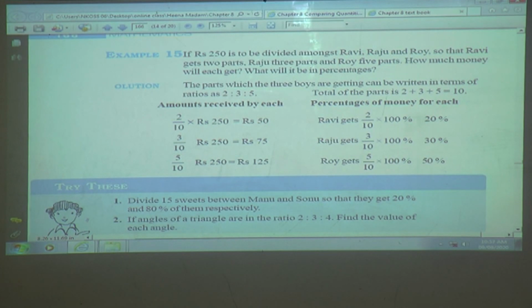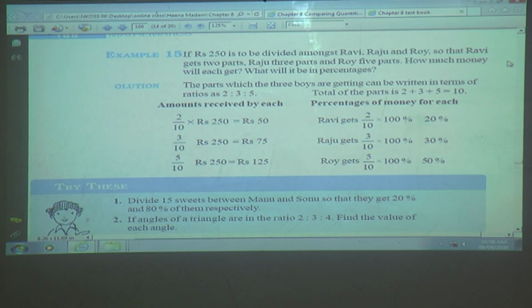Here is one more example: if rupees 250 is to be divided among Ravi, Raju and Roy, 250 rupees to be divided among the 3 children, so that Ravi gets 2 parts, Raju 3 parts and Roy 5 parts.